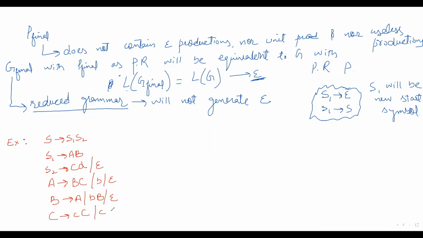In this set, our non-terminals are S, S1, S2, A, B, and C. And terminals are B, C, and D. So this one is capital C. This is also capital C, and this is also capital C. So these three are capital Cs.